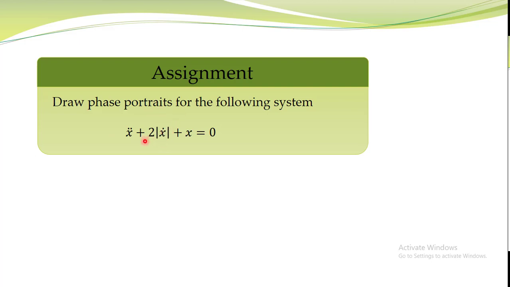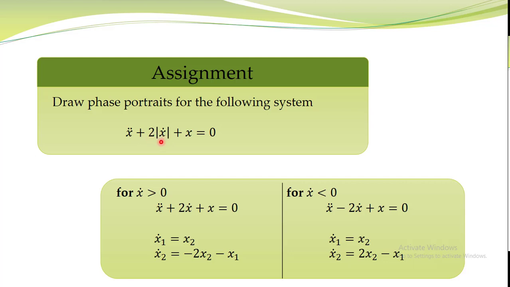You can split this equation into two equations, that is for x dot greater than 0 and x dot less than 0. So for x dot greater than 0, you have this equation, and this written in state space form is given by this relation, and for x dot less than 0, you have these state equations.